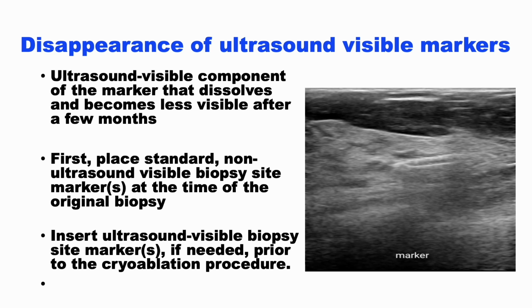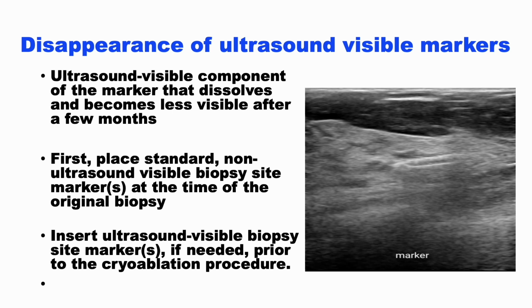Although the absorbable component of the marker facilitates ultrasound-guided cryoablation, the absorbable component might dissolve and may no longer be detectable by ultrasound by the time the patient is ready for cryoablation after completing upfront chemotherapy. These markers typically dissolve over 3 to 4 months.